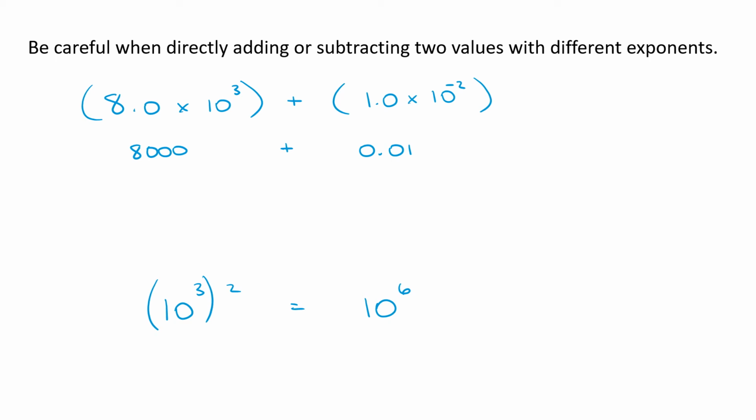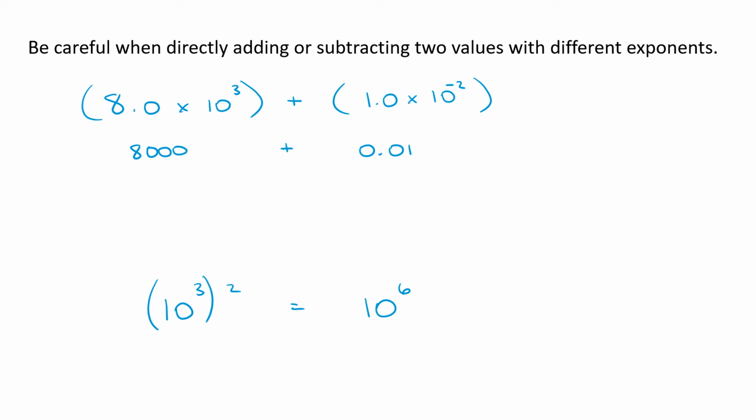This value right here, 0. So that is what we're actually adding in this problem. So it's just sort of a thing to look out for.